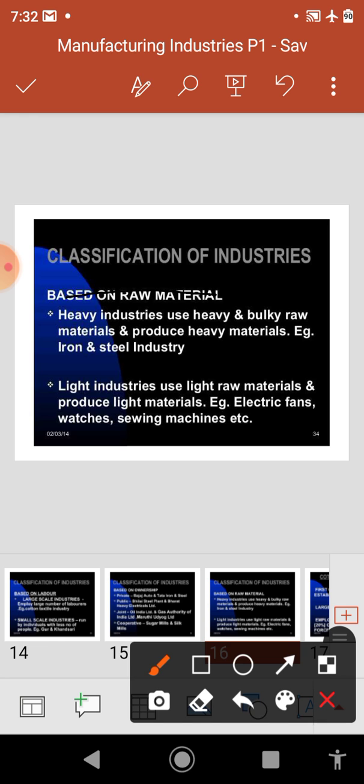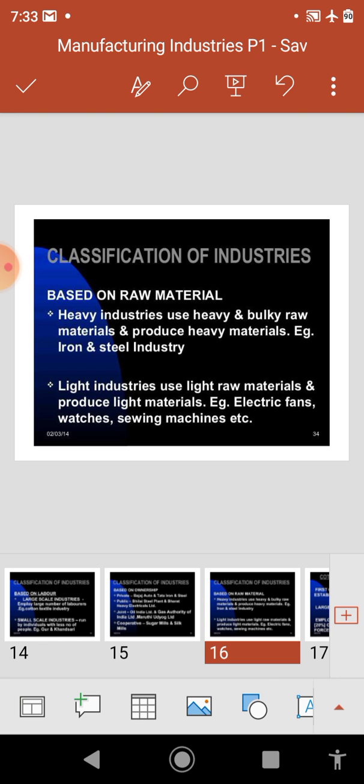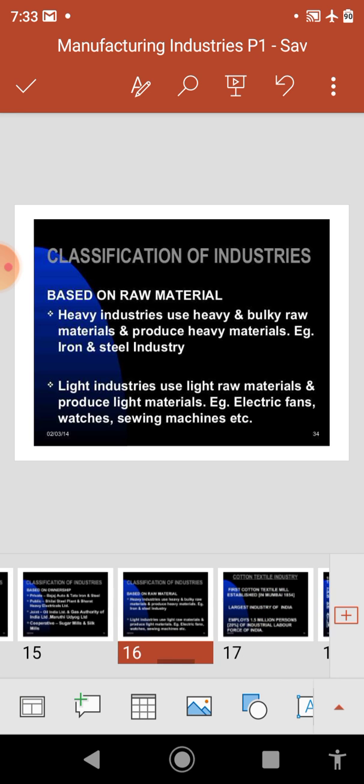We can take the example of iron and steel industry. Then light industries. These are the industries which are using raw material comparatively light in weight, and the weight of the finished good is also comparatively light. You can take the example of electric fans, watches. So these are some of the examples of light industries.